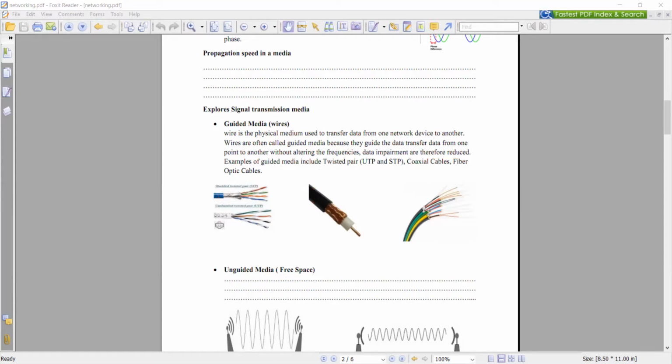Write down on the unguided media. Signals are spread into the air. And data can spread in any direction.